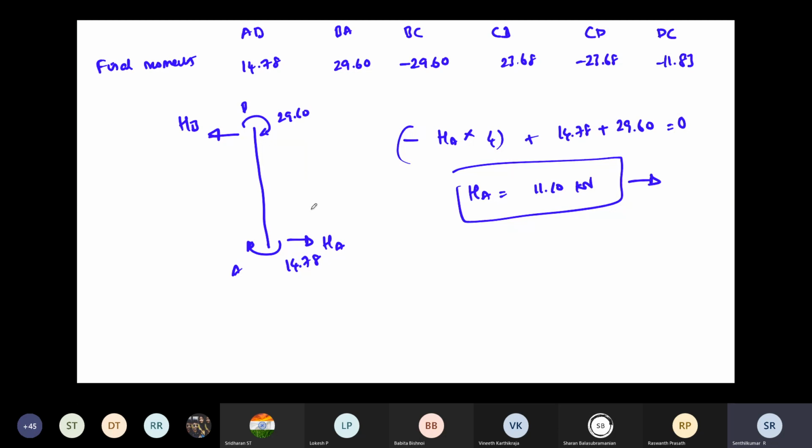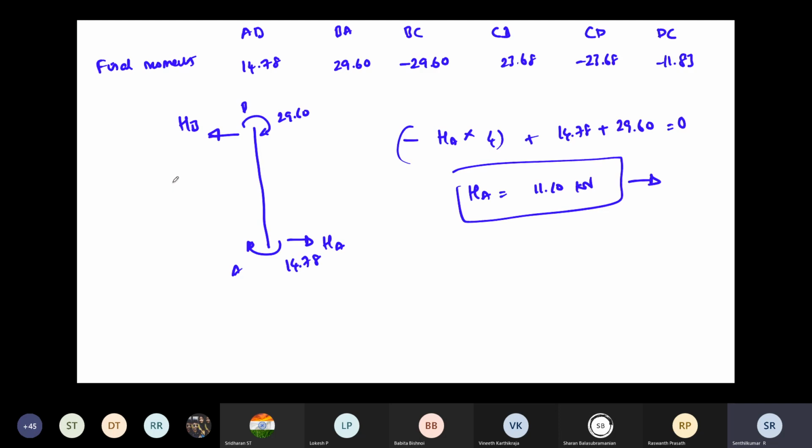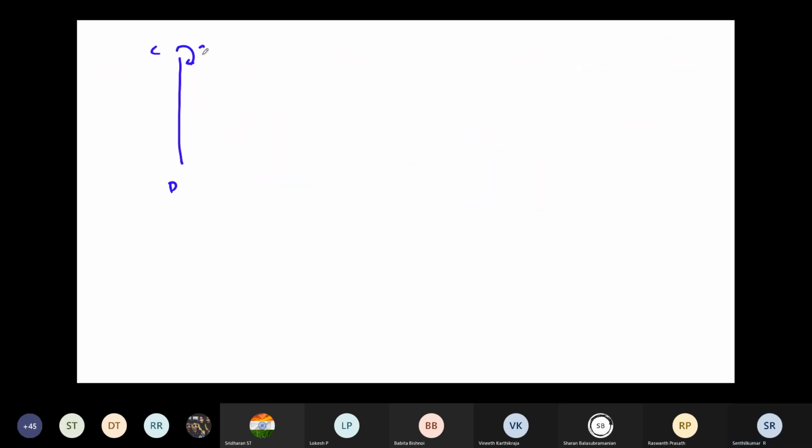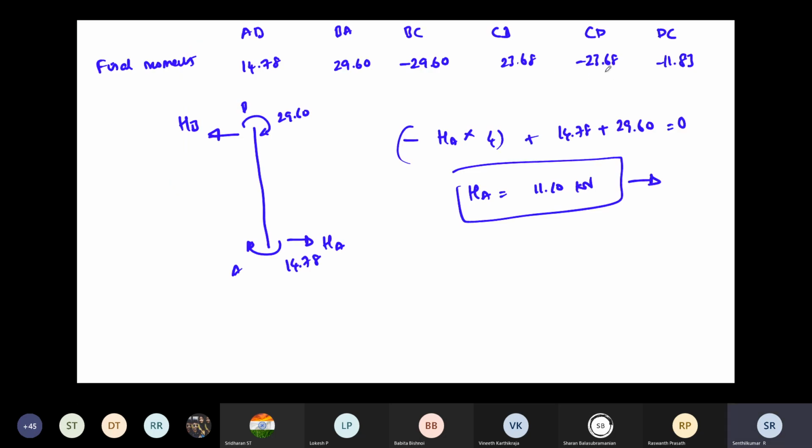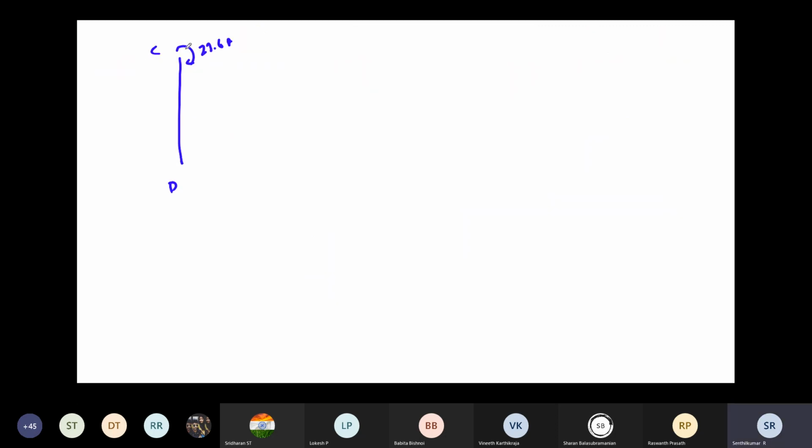In the same way, I have to find out for CD. So for CD, what are the moments? CB is clockwise, 23.68, positive. Sorry, CD is anti-clockwise, DC is anti-clockwise. Both are anti-clockwise. This one only we have to take.